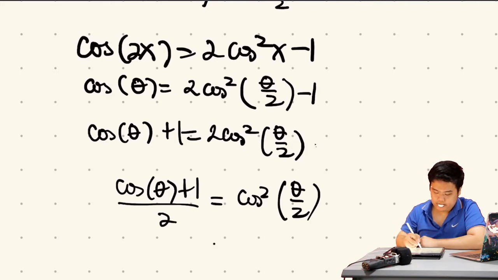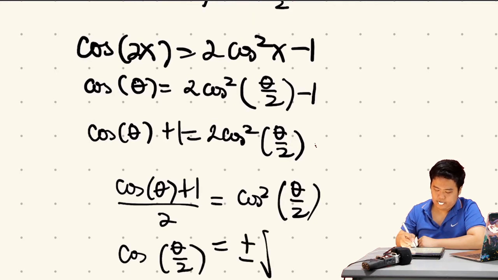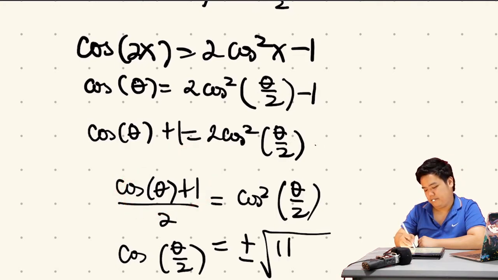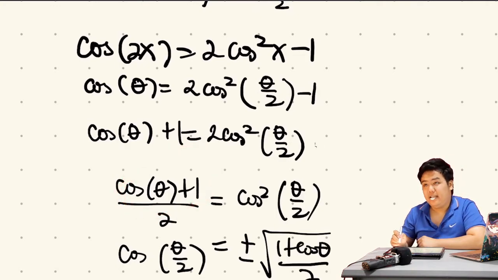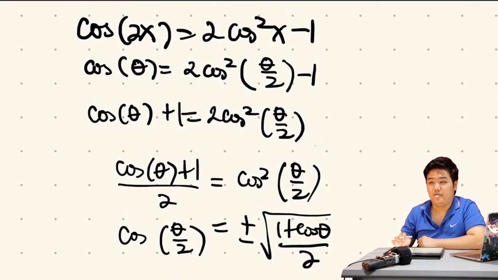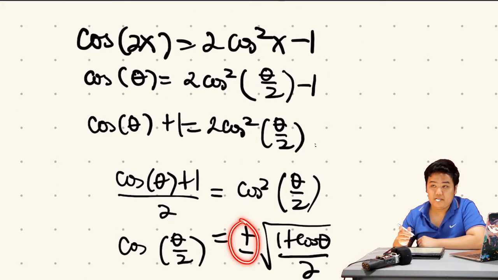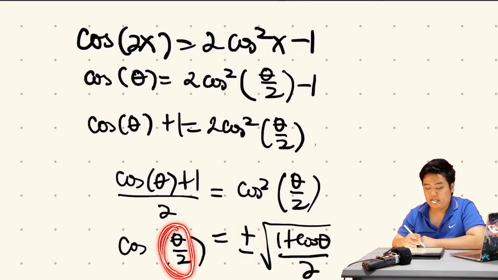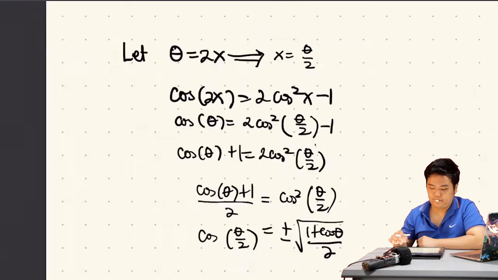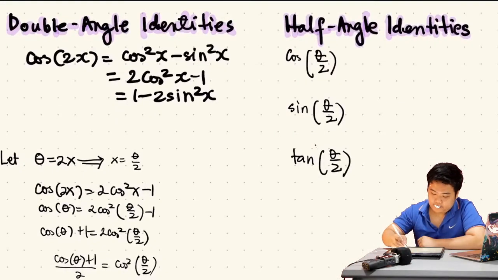And square root of both sides, plus minus square root of yung cosine theta plus 1, gawin natin 1 plus cosine theta. And that is our formula for cosine theta over 2. For yung plus minus here, magdi-decide kayo kung plus or minus siya depending kung nasang quadrant si theta over 2. So, ilista na natin yun dito. It's plus minus square root of 1 plus cosine theta over 2.